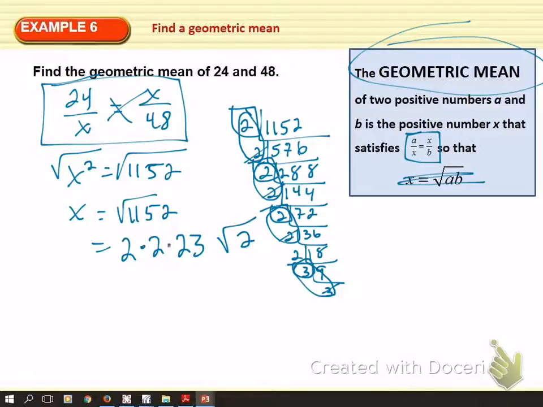So this 2, 2, 2, and 3 all get multiplied together. 2 times 2 times 2 times 3 is 24. The 2 stays in. So 1,152 reduced down as a radical is 24 radical 2.